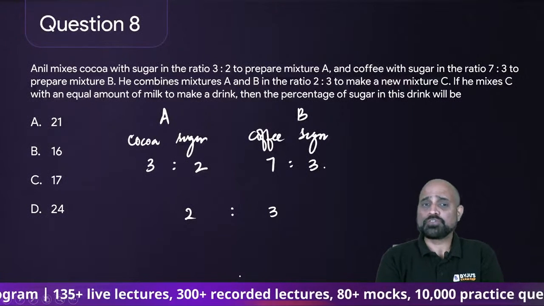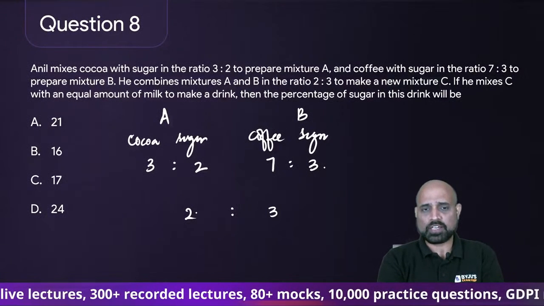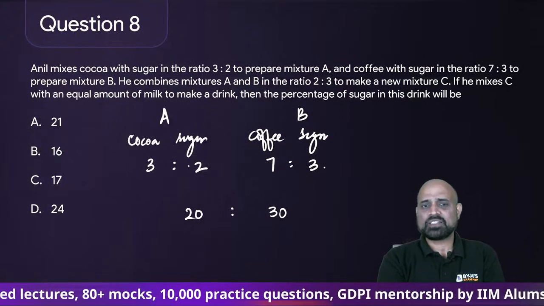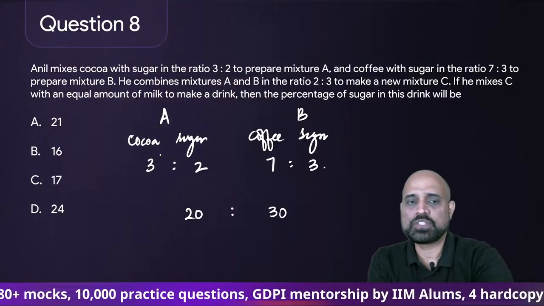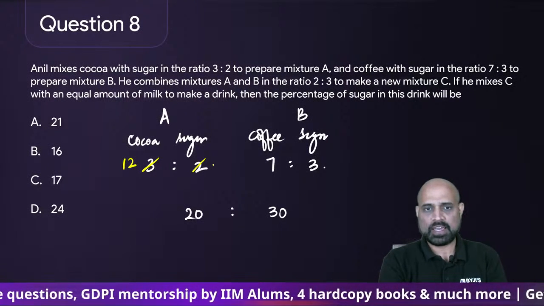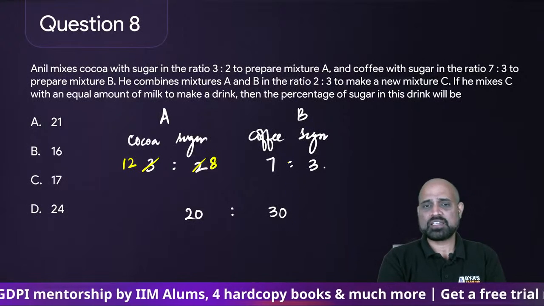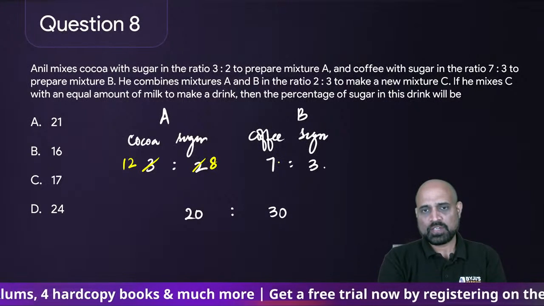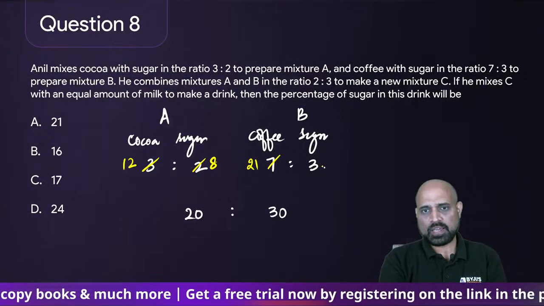So what we will do is 2 और 3 को एक काम करते हैं अपन 20 और 30 ले लेते हैं. So 20 में 3:2 का जो ratio है, this will change into 12 and 8. And 30 में इसका जो ratio है, this will change into 21 and 9.